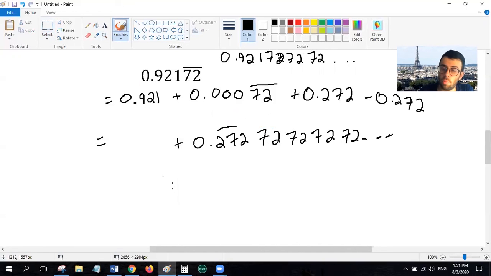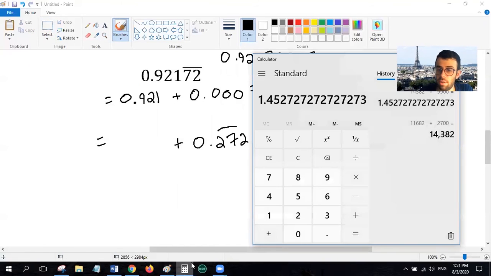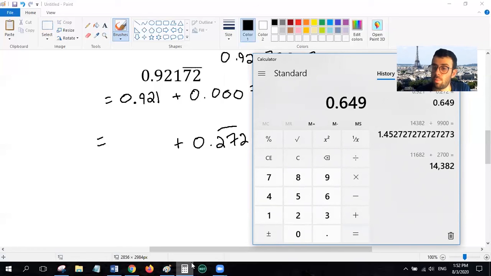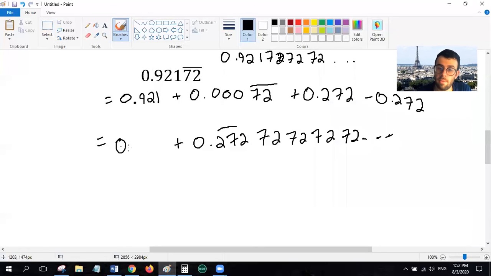So now I need to do 0.921, and I'm going to do it on my calculator because it's a lot of calculations. 0.921 minus 0.272, so it's 0.649. Okay.